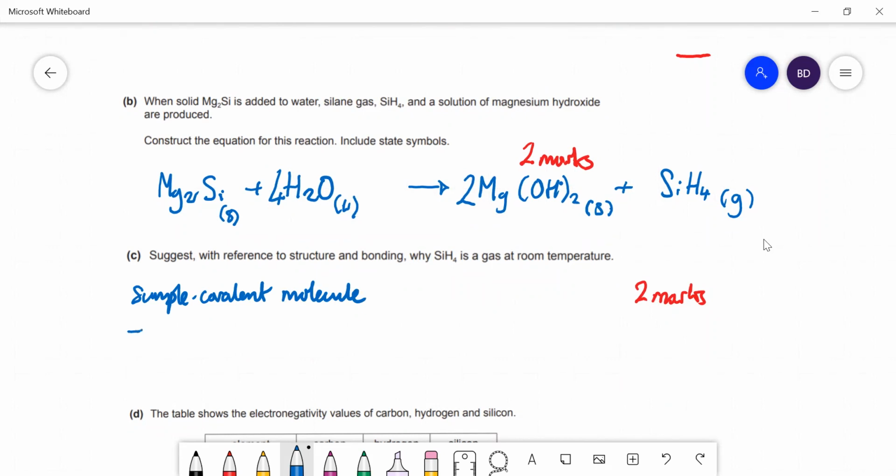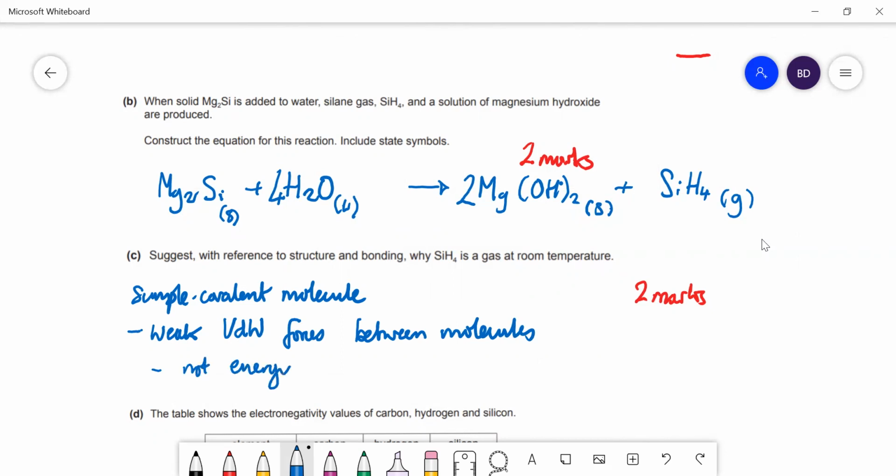So you only get weak van der Waals forces between molecules, and they don't require much energy. Always worth putting that in. Not much energy needed to break the van der Waals forces or the London forces.